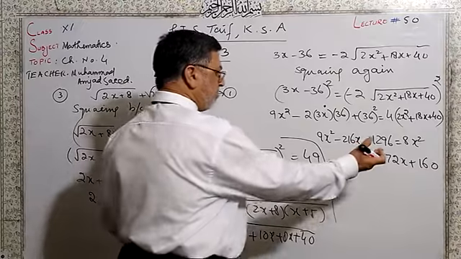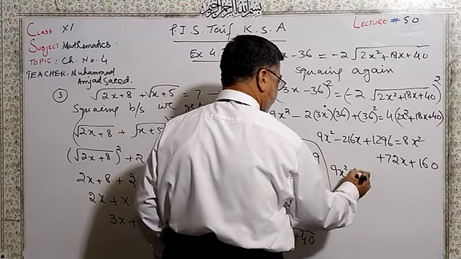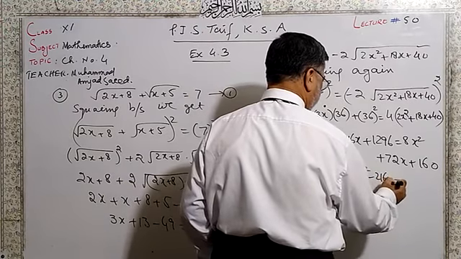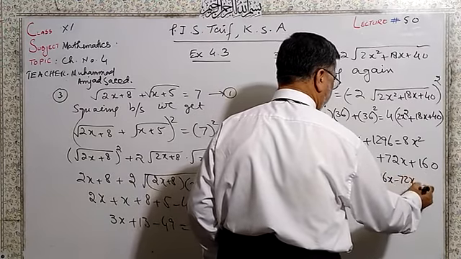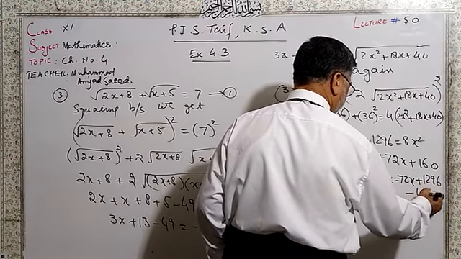We will bring these numbers to the left hand side. Here it is 9x square minus 8x square minus 216x minus 72x plus 1296 minus 160.